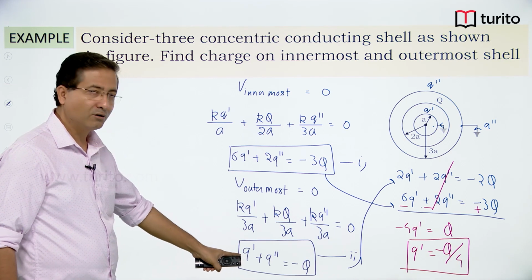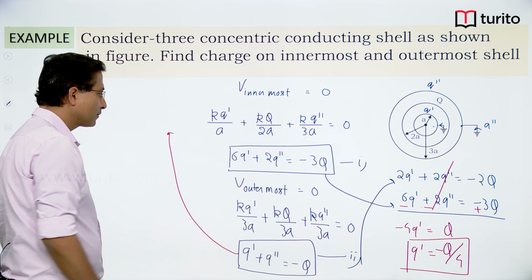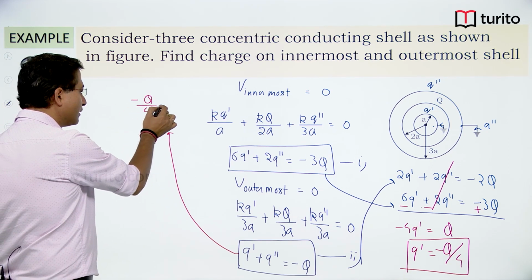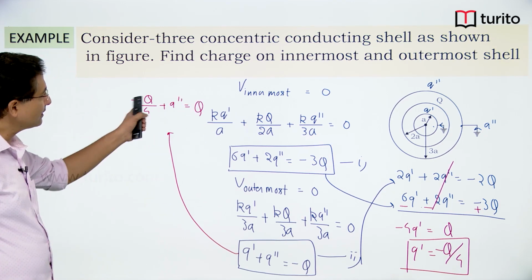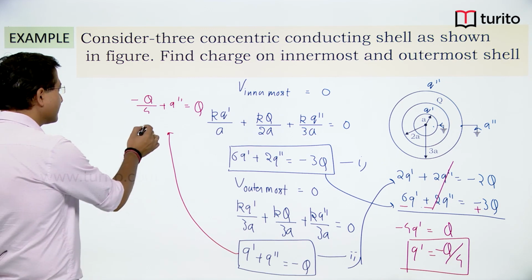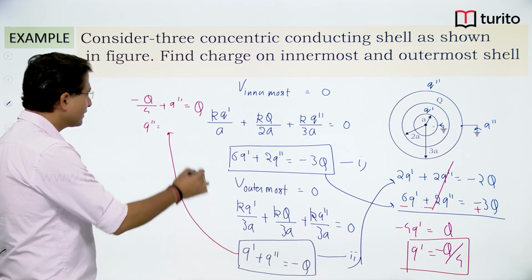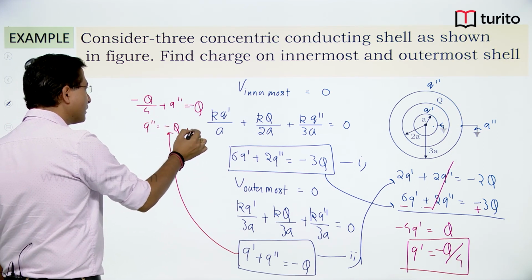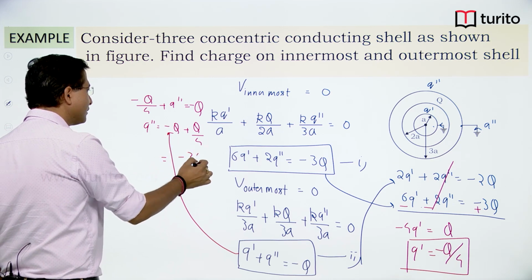So you have the value of q', look at this equation: q' that is capital Q by 4 plus q'' is equal to Q, and getting this term on the other side, q'' is minus Q plus Q by 4, which will give me minus 3Q by 4.